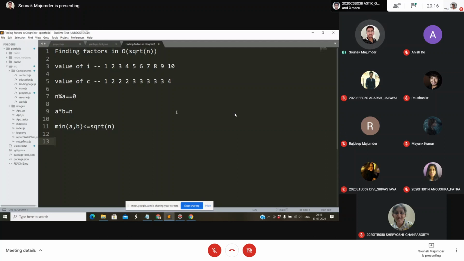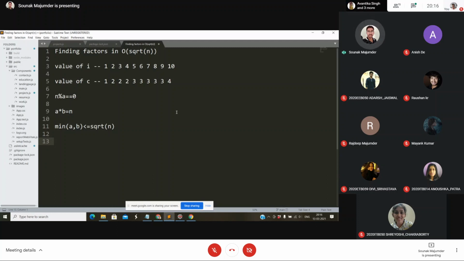I'm not going into the formal proof here, but if you take some examples, like for example 10, then 1 divides 10, so 1 into 10 equals 10, so 1 is less than square root of 10, which is roughly about 3.2. 2 divides 10, so 2 into 5 equals 10, so 2 is less than square root of 10.